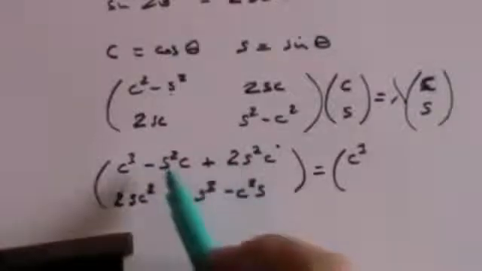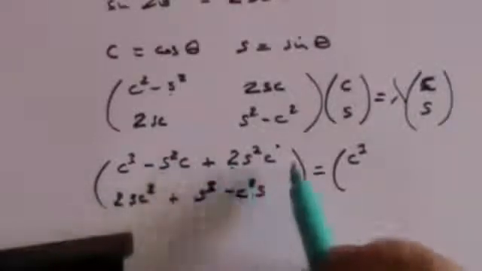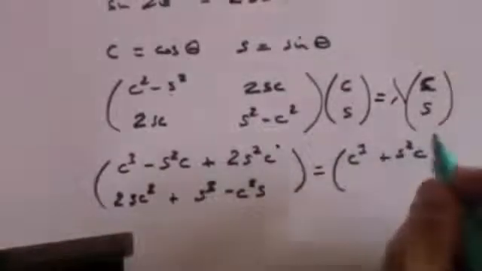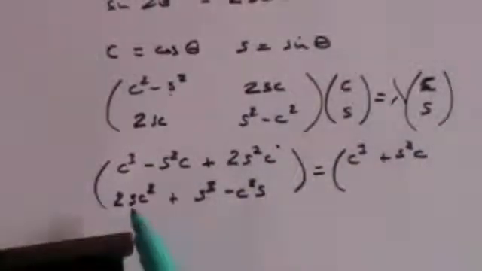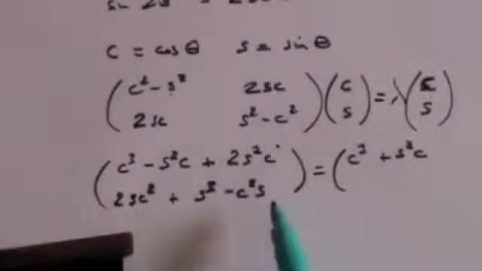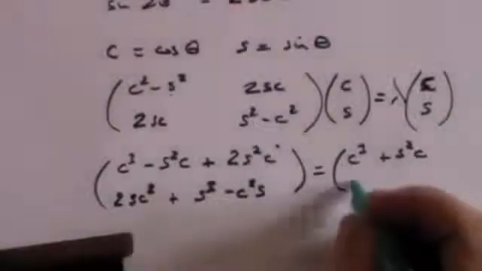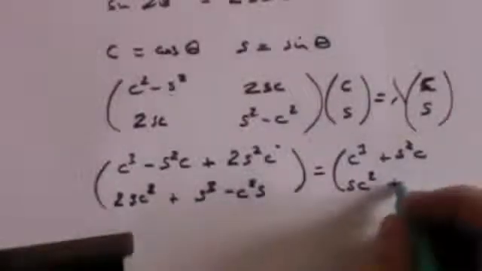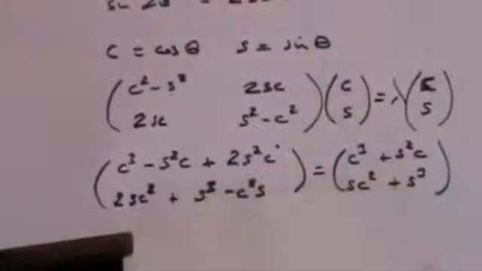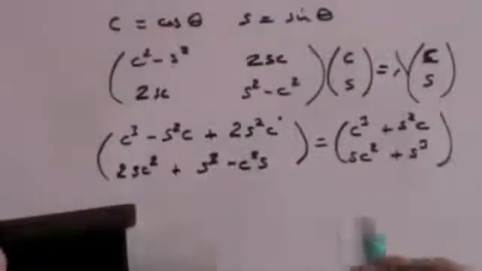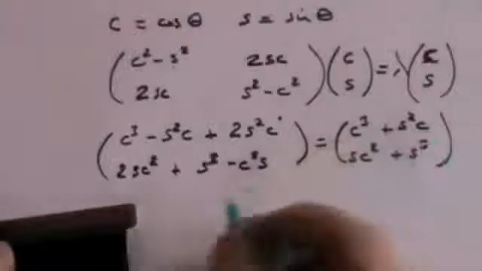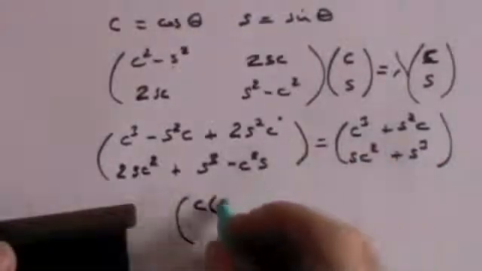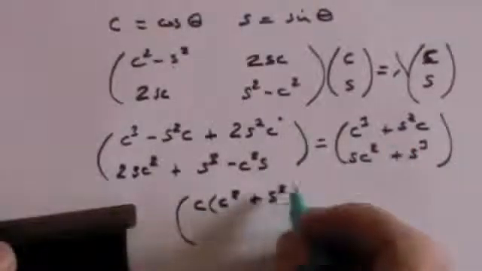Now if you look at this, you've got minus sine squared cosine plus 2 sine squared cosine, which simply becomes plus 1 sine squared cosine. This here is a 2 sine cosine squared minus cosine squared sine, so that's just sine cosine squared plus sine cubed. Now if I take cosine out of the top, I can write that as cosine into cosine squared plus sine squared.